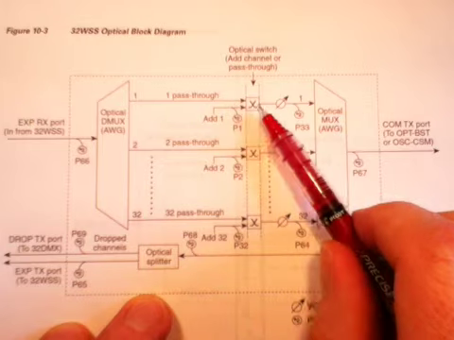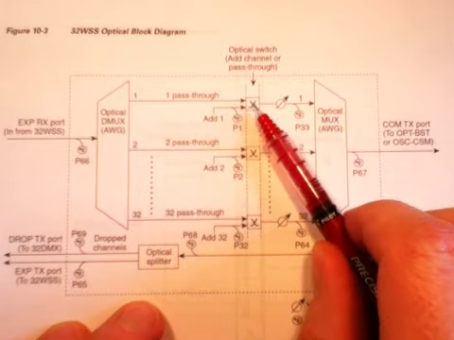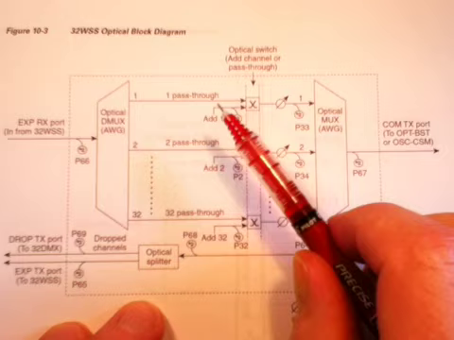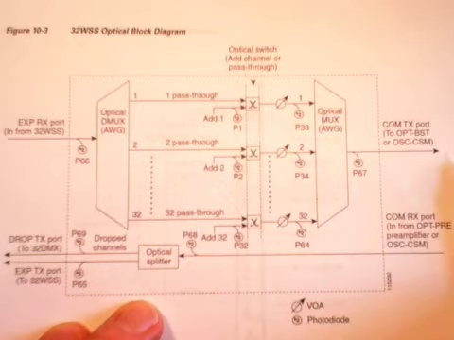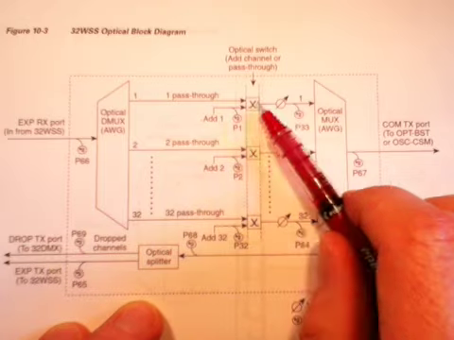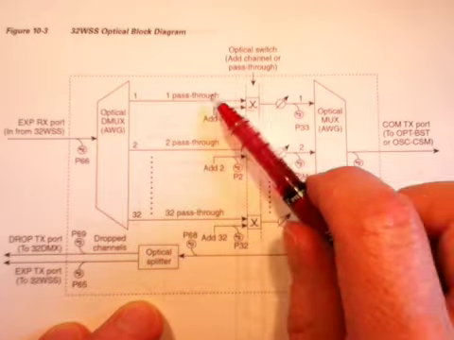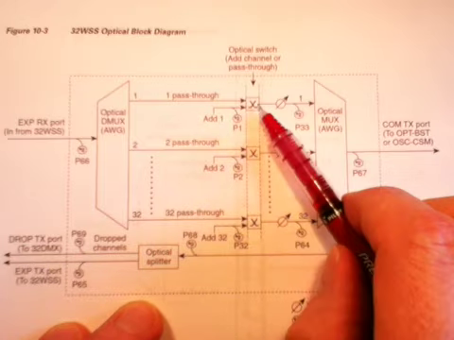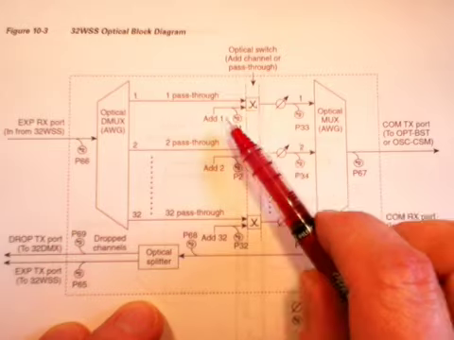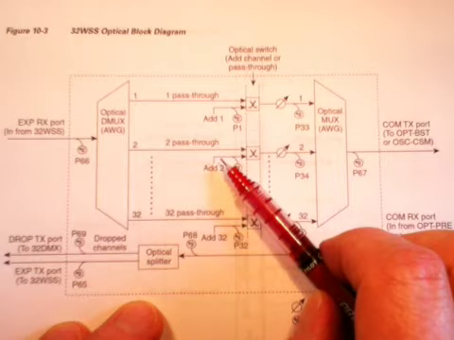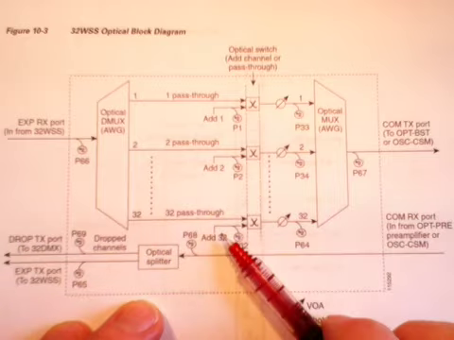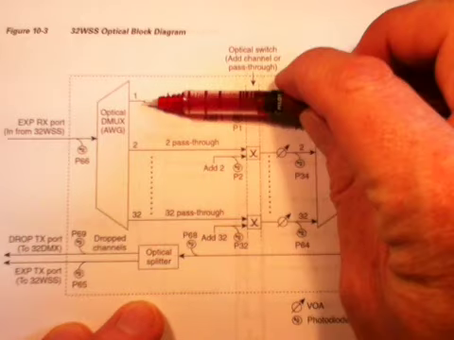And so you can have a 1x2 switch here that allows you either to pass that channel through and then remultiplex it back into the signal, or instead of taking the pass-through channel, add a new signal in at that wavelength. And the add ports are wavelength specific here because they are associated on a one-to-one basis with the outputs of the DMUX.